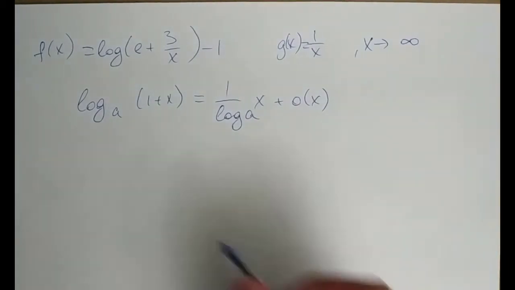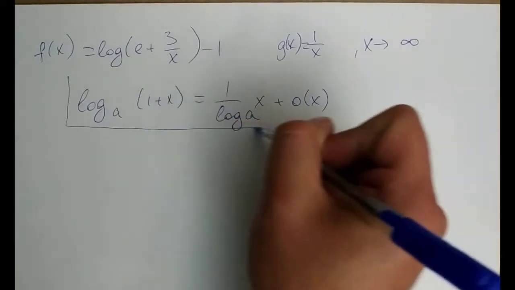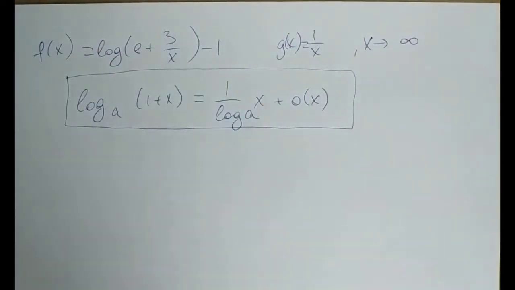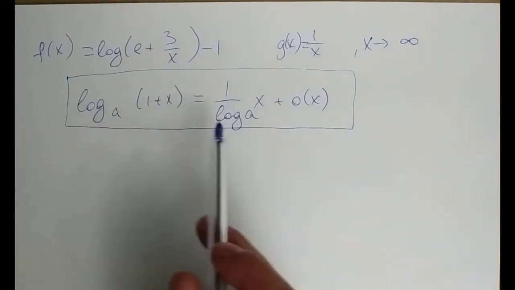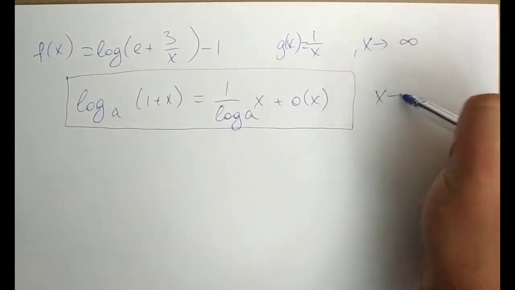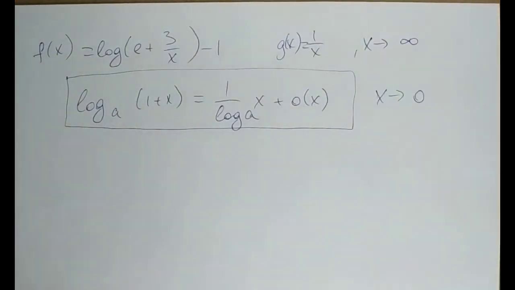So we will use this equality. We use the Landau symbol, small o. It means the ratio of these two functions, as x tends to 0, is 0.